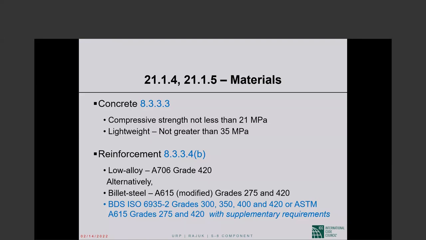ASTM A615 grade 275 and 420, as I mentioned, is allowed, but for both A615 reinforcement and for the BDS 6935-2 reinforcement, we have supplementary requirements which are not part of the ASTM specification or the BDS specification.